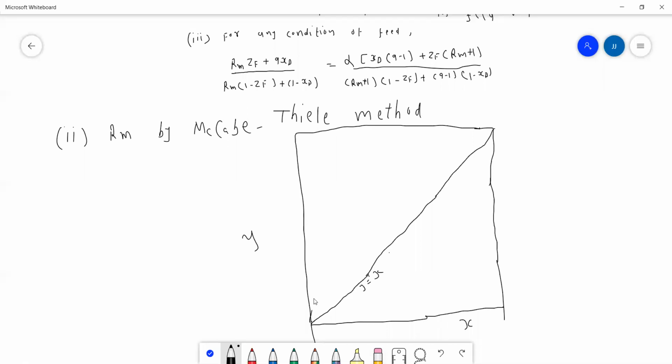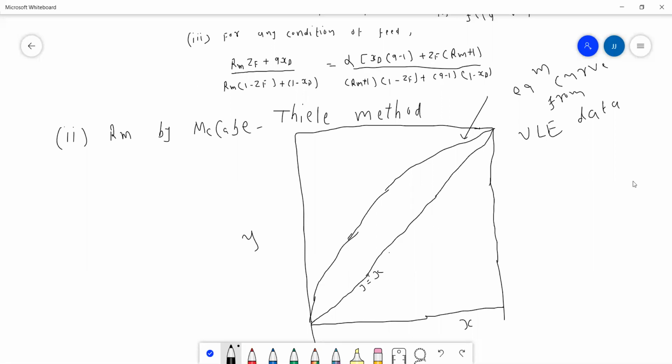Then you make the equilibrium curve like this, depending upon the VLE data. Based upon the VLE, vapor liquid equilibrium data, you can draw this curve, or you can also find it by using alpha, the relative volatility.